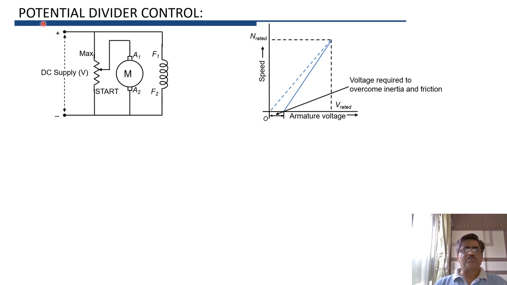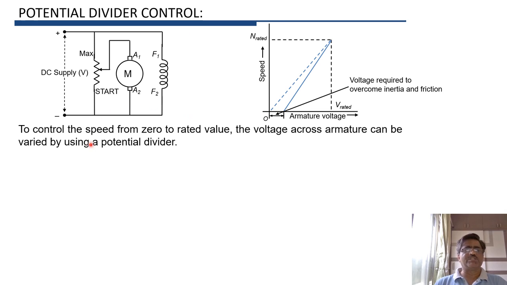With the help of this potential divider control method, speed of motor can be controlled from 0 to rated value. So here the voltage across armature can be varied with the help of this potential divider. So using this divider, it is possible to change the voltage from 0 to maximum.